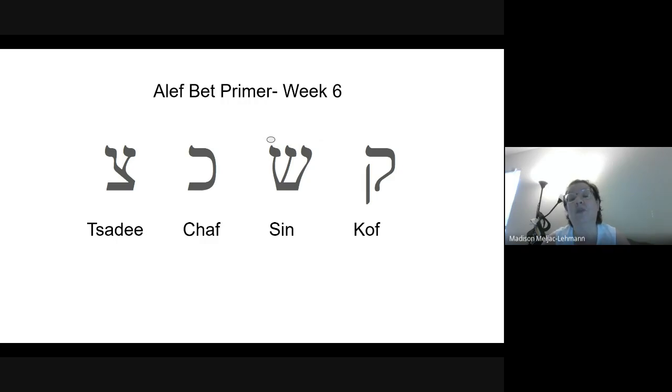Usually words will start with Sin or Shin. So if it's an S sound, there's simcha, which is a word in the Torah or the Bible that means rejoice or happiness or joy. And that would be with one of these words.